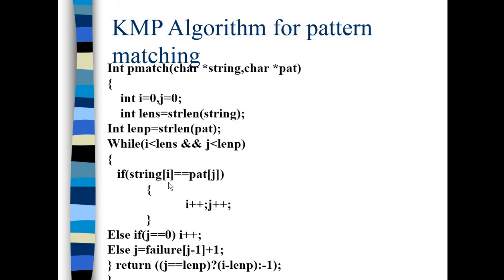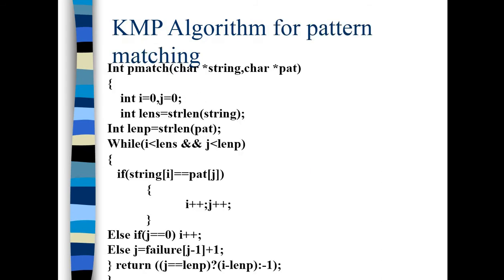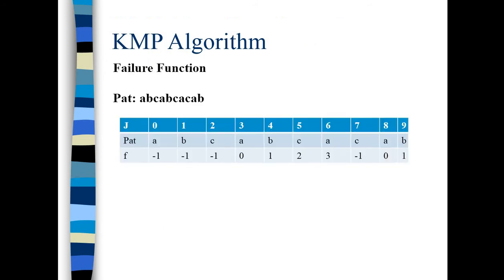If string of I is equal to pattern of j, we are going to increment. And if the j value is 0, we will be incrementing the I value to fetch the next string character. That's why we are doing this. Otherwise, whatever is the failure of j minus 1, so if the j value is 1, failure of j minus 1 is minus 1 here.